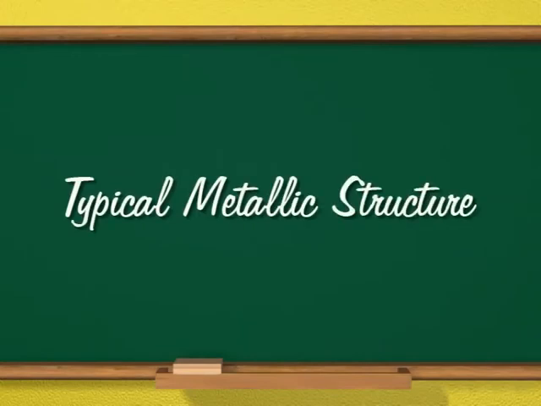Let's take up the characteristics of transition metals. All the transition metals except zinc, cadmium and mercury exhibit several characteristics. Some of these are: all transition elements show typical metallic structure except for mercury, which is liquid.